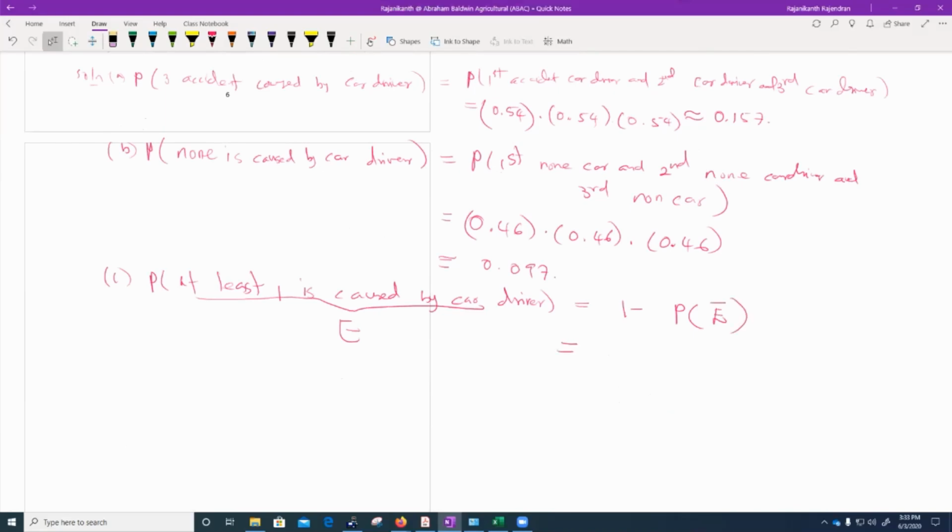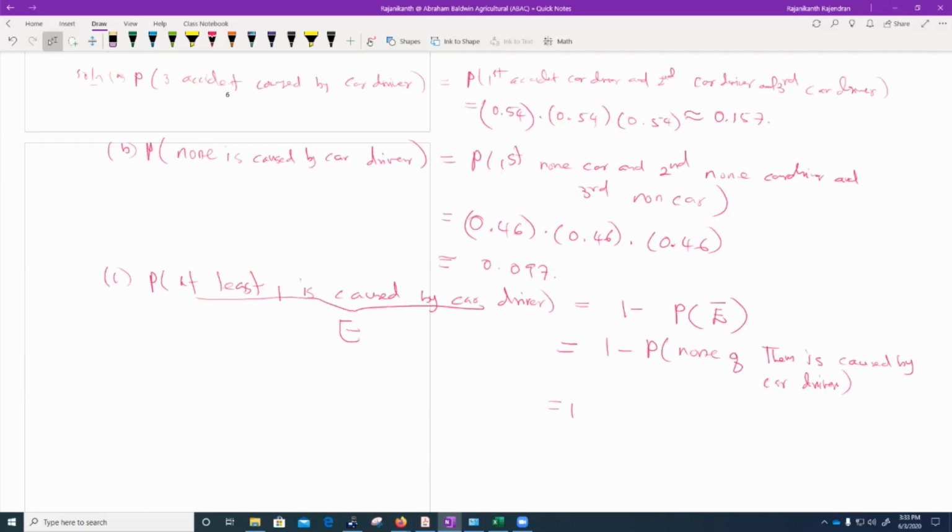The probability of E is 1 minus P of E complement. If my event E is at least 1, then my complement event is none of them. So none of them is caused by a car driver. That means you are checking three accidents in a row, all three caused by a non-car driver.